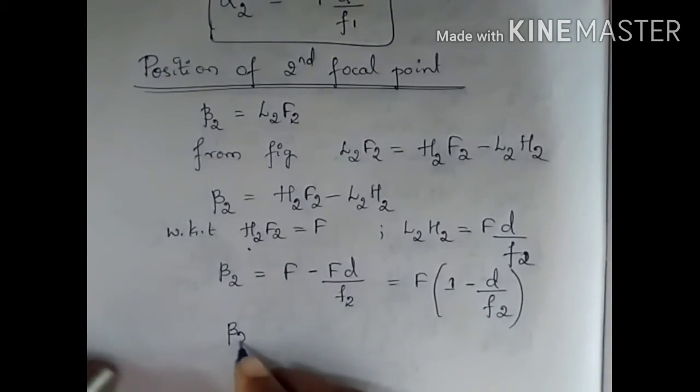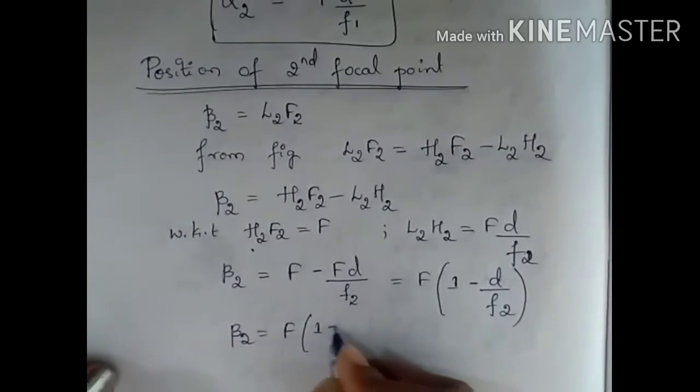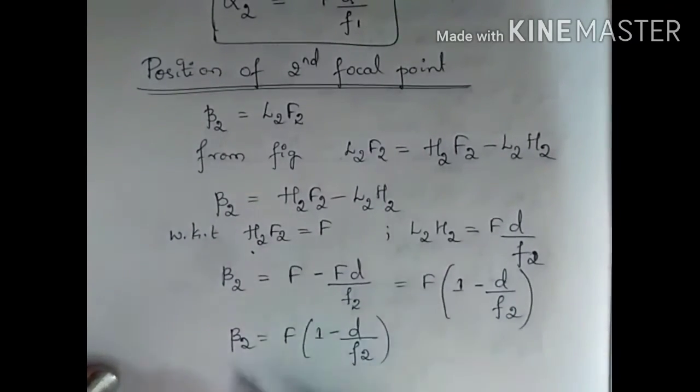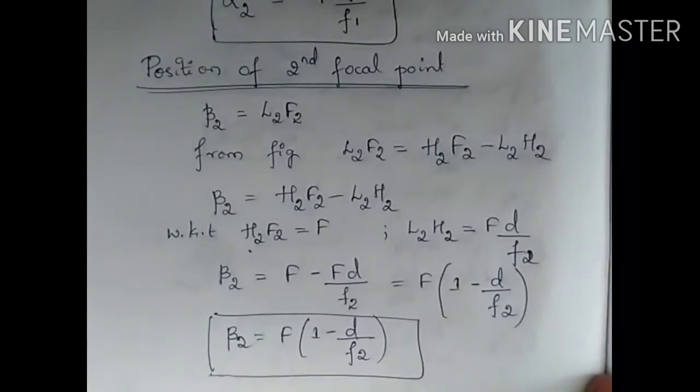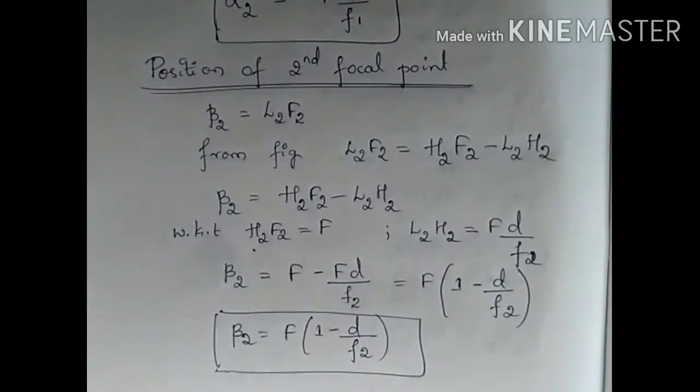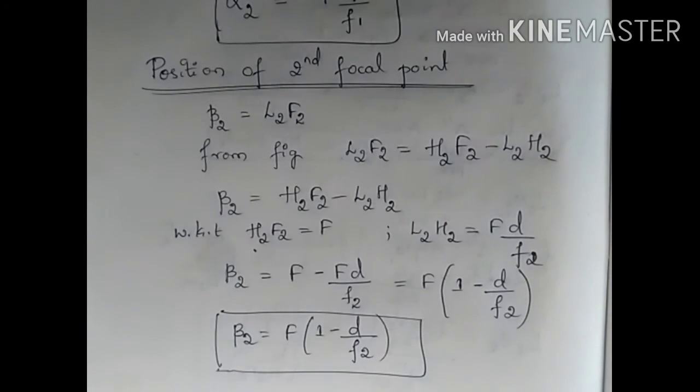So beta 2 is equal to F multiplied by (1 minus d by f2). This is the position of the second focal point. We have derived it by considering the L2H2 and H2F2 that we got in finding the position of the second principal point. So with the diagram we derived alpha 2 and beta 2. Alpha 2 is the position of the second principal point and beta 2 is the position of the second focal point.